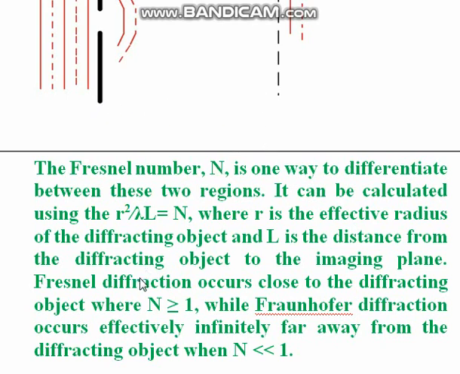Fresnel diffraction occurs close to the diffracting object, where capital N is greater than or equal to 1, while Fraunhofer diffraction occurs effectively infinitely far away from the diffracting object, when capital N is much less than 1.